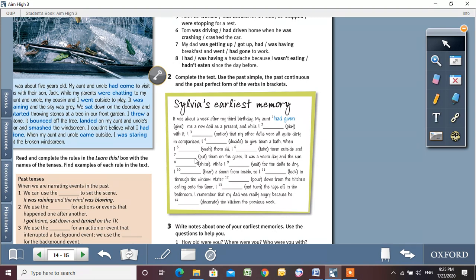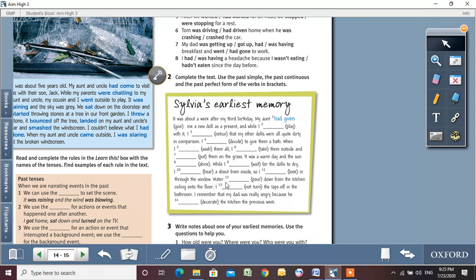It was a warm day and the sun was shining. While I was waiting for the dolls to dry, I heard a shout from inside. So I looked in through the window.